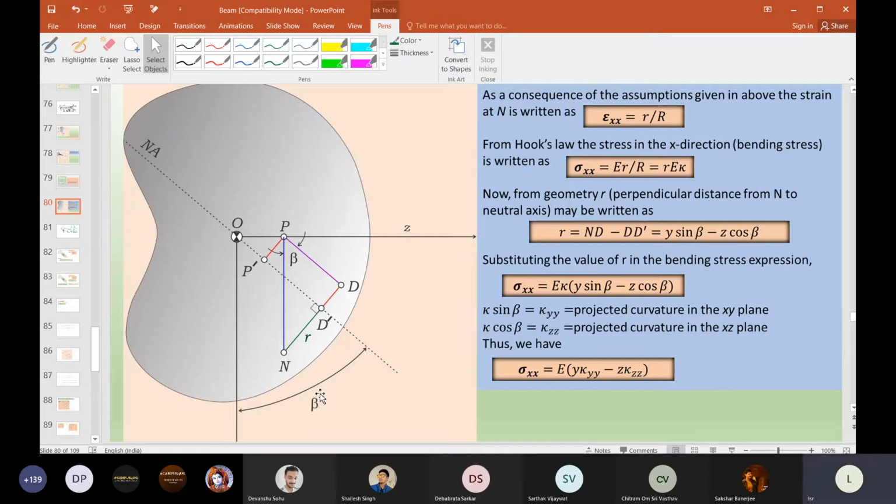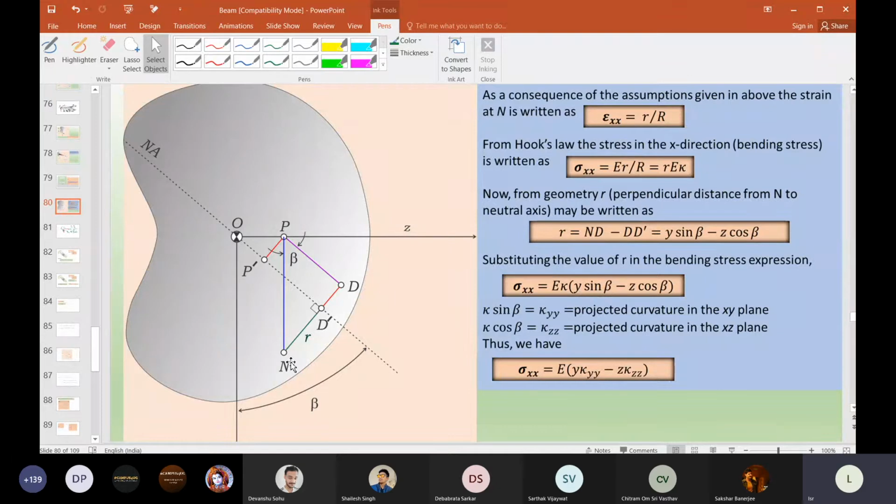Now let us prolong this and draw a line perpendicular to it, parallel to the neutral axis. It will go and join the z axis at P, and from this you draw the vertical plane. Then N in these coordinates is y, z. This distance is y.